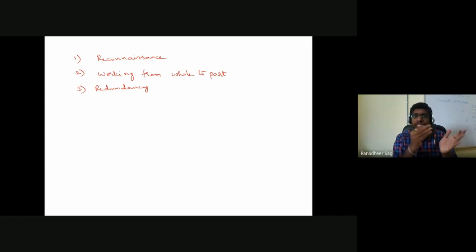Let's say 2 to 3 times I go from point A to point B to measure my distance, and maybe from point B to point A again 2 to 3 times, so that I get 4 to 5 measurements of the distance between those 2 points A and B. And this redundancy says that the average distance between point A and point B is what you are required to calculate, because just by measuring the distance between point A and point B once, you cannot ensure the accuracy of your work.